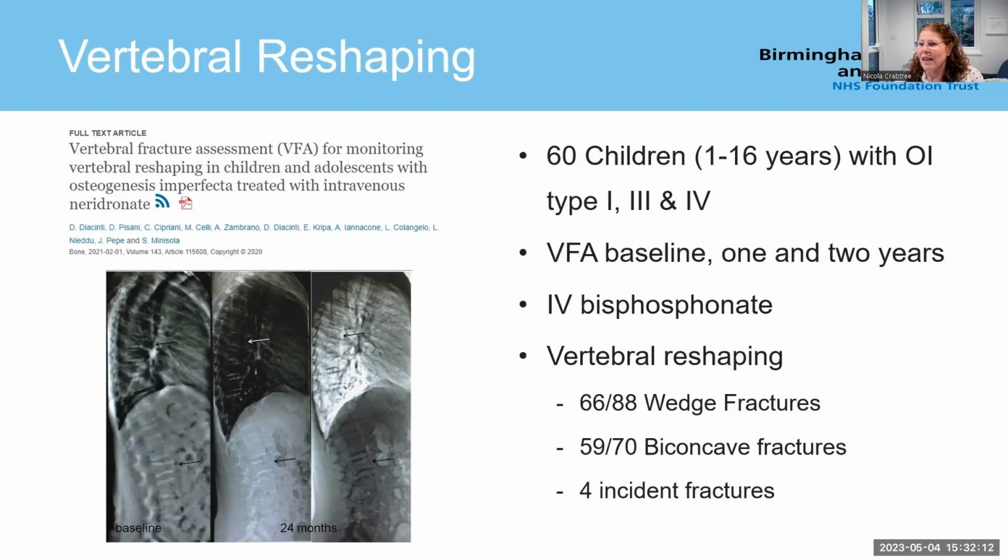But this vertebral reshaping only occurs with growth. So if the spine is not growing, it's not possible to reshape. But by identifying a vertebral fracture early, treating it early, allowing it time to hopefully reshape if it's done sort of pre-puberty before growth is finished, means the child's got a much better outlook of having a normally shaped vertebra and a normally shaped spine.